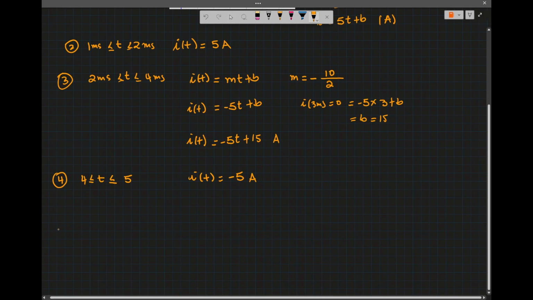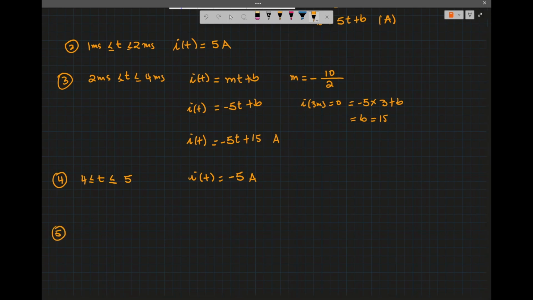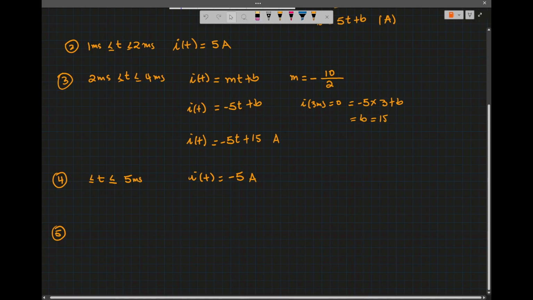And then the last section, section 5. Let's not lose track of the fact that t is in milliseconds.